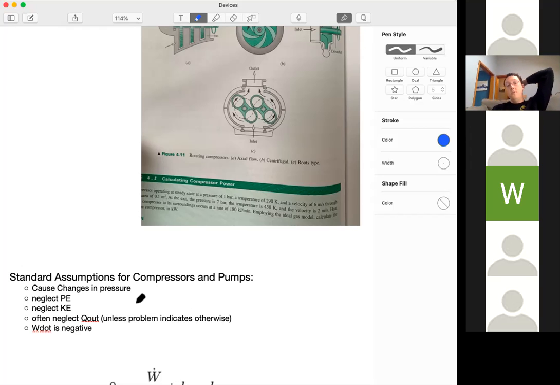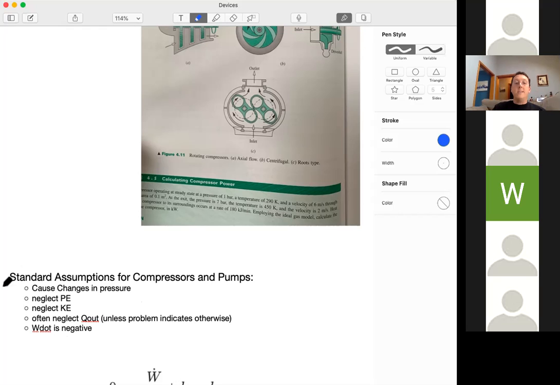And the other thing is these devices, pumps and compressors, are squeezing the fluid. So that means they are doing work on the fluid, which in our sign convention means that the power, W dot, is going to be negative. The pump is driving the fluid, the fluid isn't driving the pump. So W dot is negative. That's just a check. You do the math and it better come out that way.